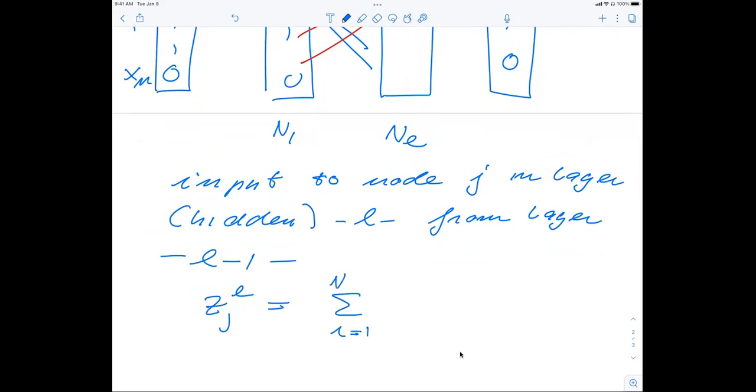And now I have n of l minus 1, that's the number of nodes in the previous layer. And this contains the weights w_ij of l multiplied with a quantity which I'm going to define here, l minus 1, plus this bias, b_j of l.